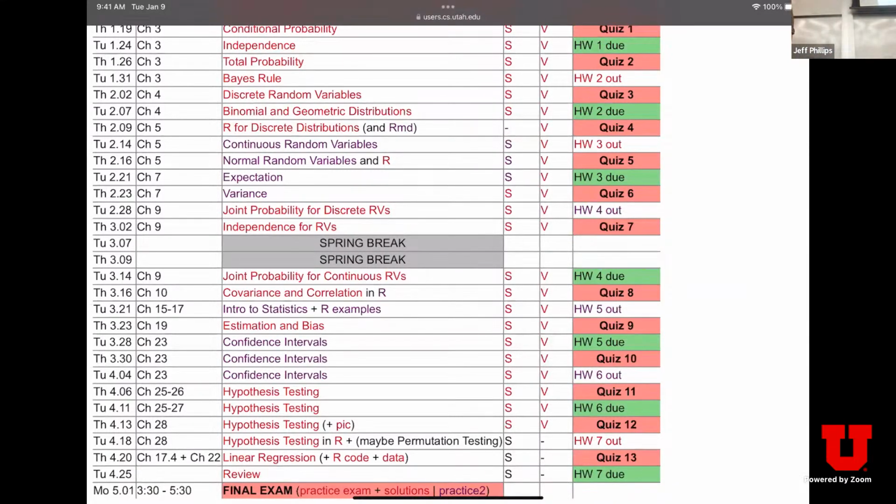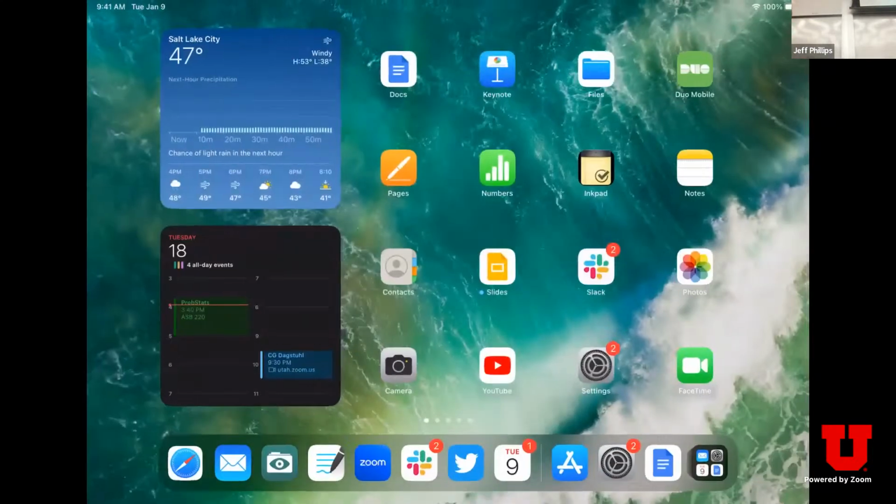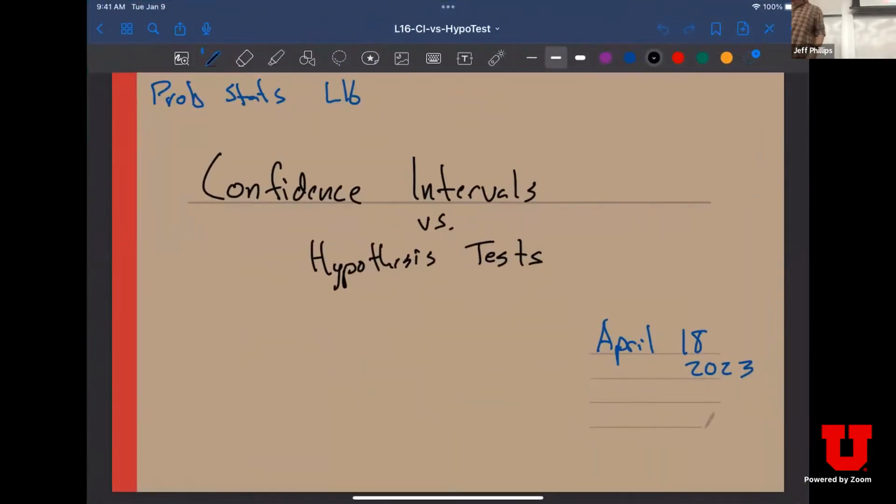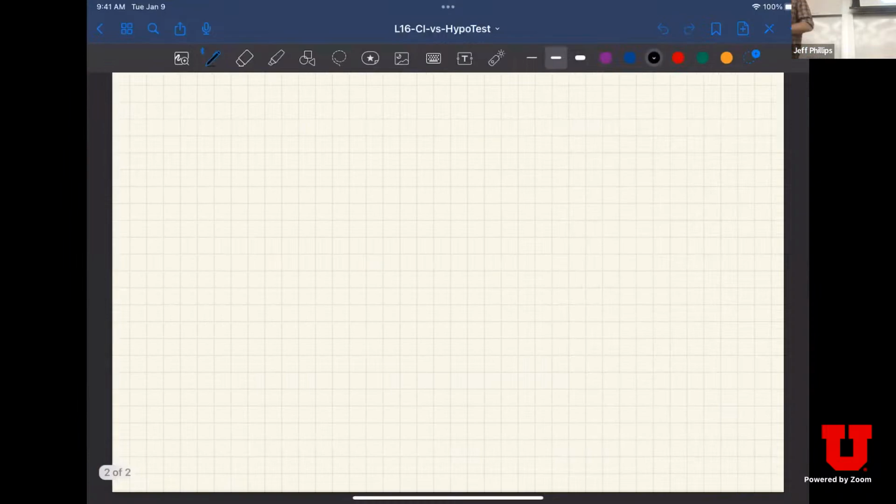All right, let's get to the material for the lecture. I'm going to talk about confidence intervals versus hypothesis testing, and I think these are very interrelated views. Let me give you an overview.